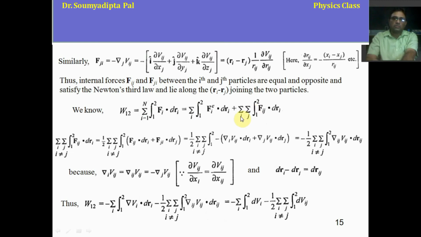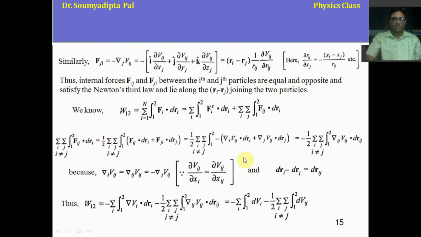Now again, what we have to do is find W12 in terms of the potential energy. So Fij dot dri, that we can write like this when we do this summation, and here we have to take a half, because Fij dot dri plus Fji dot drj, both are basically the same.